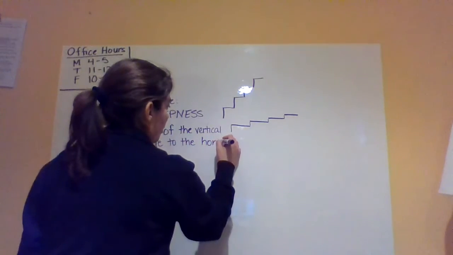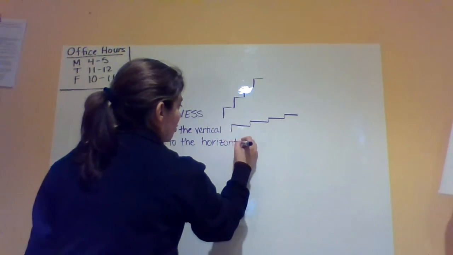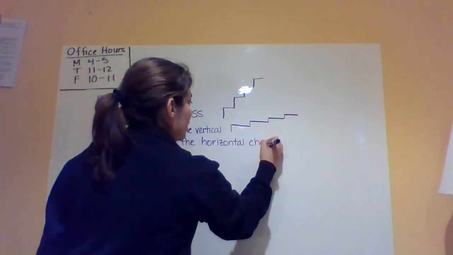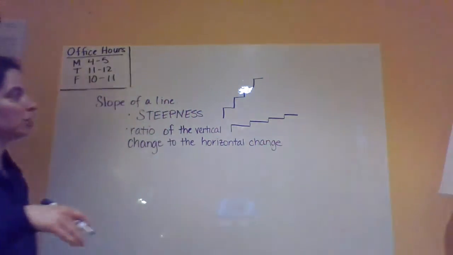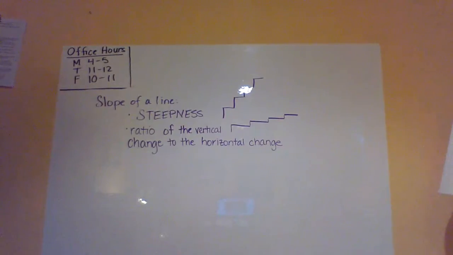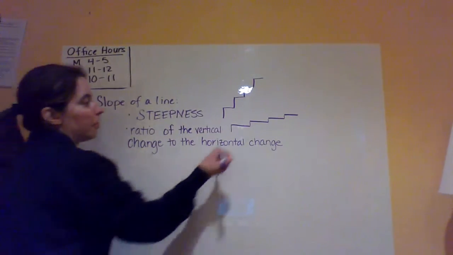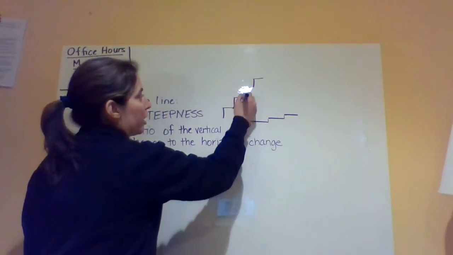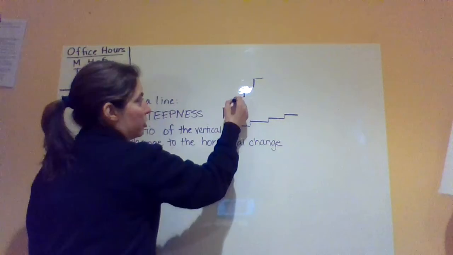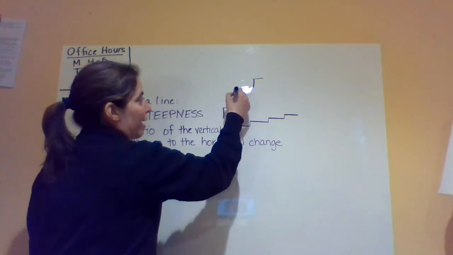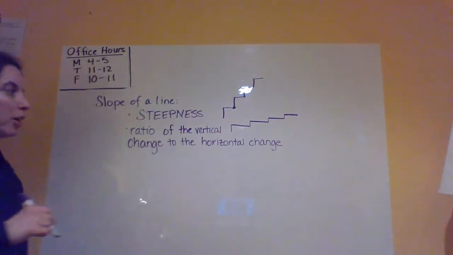So let's think about what that means. It's the ratio of the vertical change to the horizontal change. So it's how far up I go from one point on the stairs, from the bottom of one step here to the bottom of the next one. How far up do I go compared to how far over do I go?